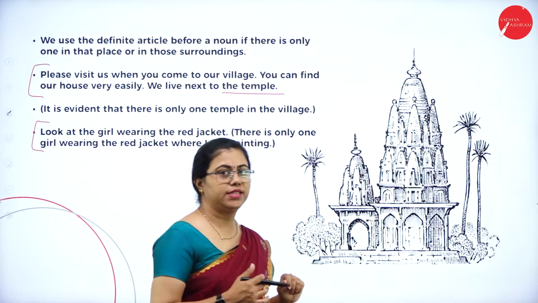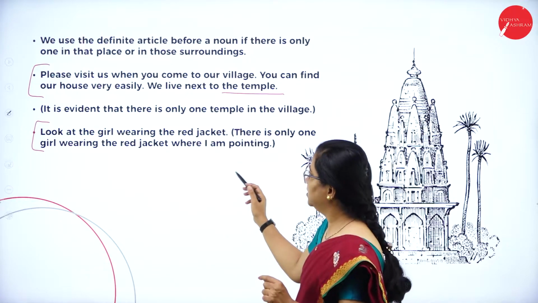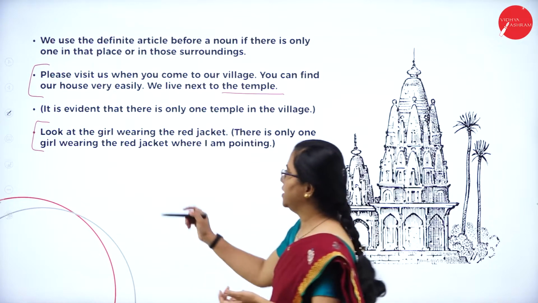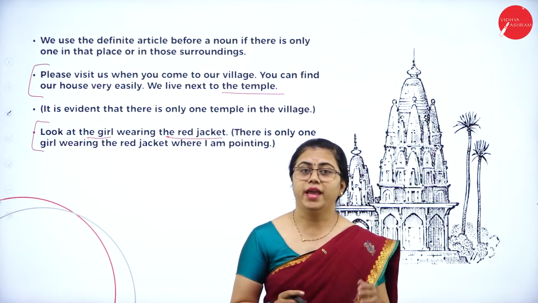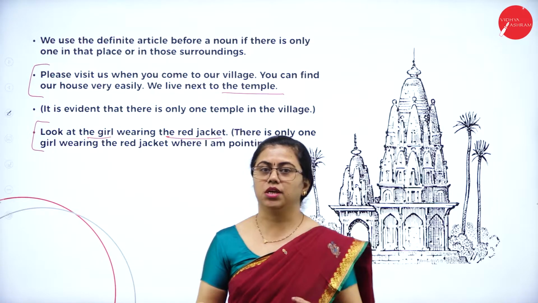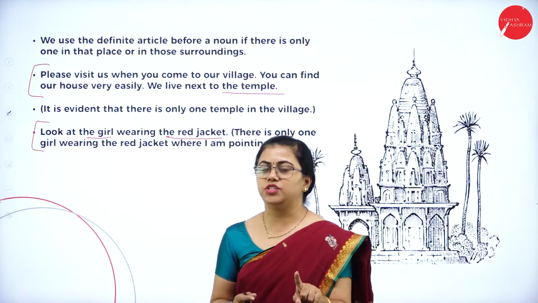Next sentence you can see as an example here. Look at the girl wearing the red jacket. You have used the definite article twice, that is the girl and the red jacket. Why have I used it with two nouns? That is because there is only one girl who is wearing a red jacket.